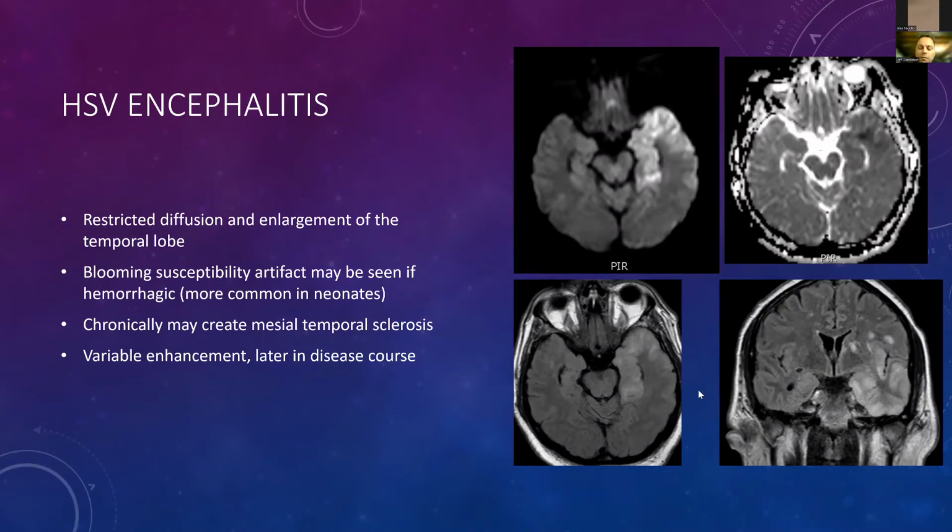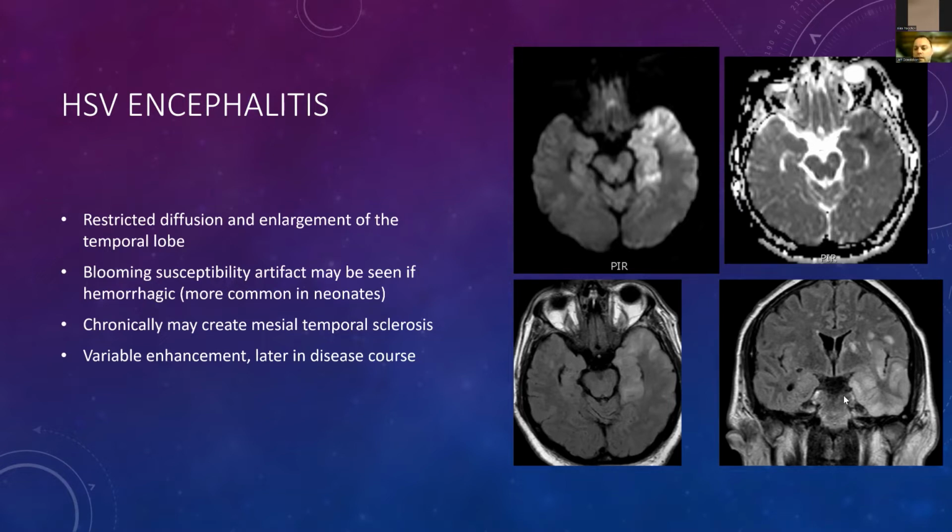Here on the FLAIR imaging in the bottom left, you see expansion of that cortex and a loss of the normal pattern of gyration and sulcation. You can look to the contralateral side for your control, and also see how markedly different those two halves of the cortex are.